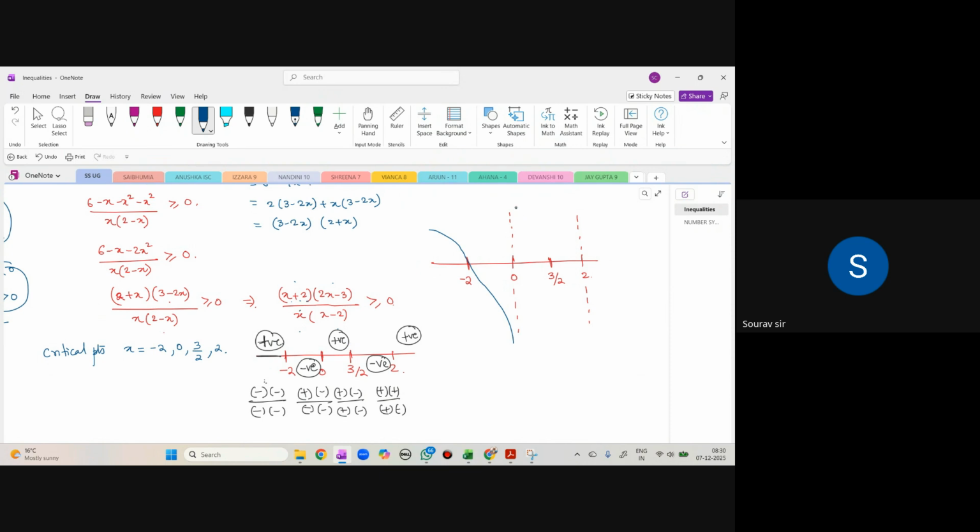So, it goes like this. After that, between 3/2 and 2, it goes negative. And again, after 2, it becomes positive.